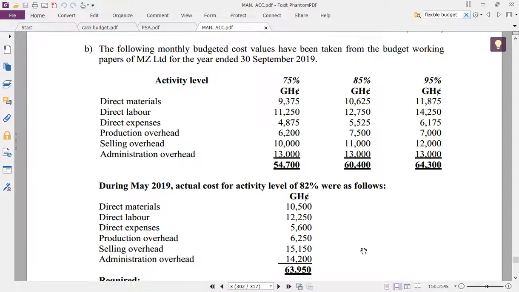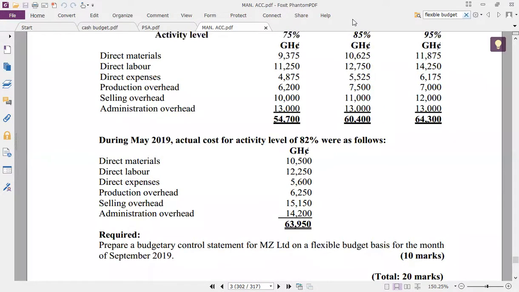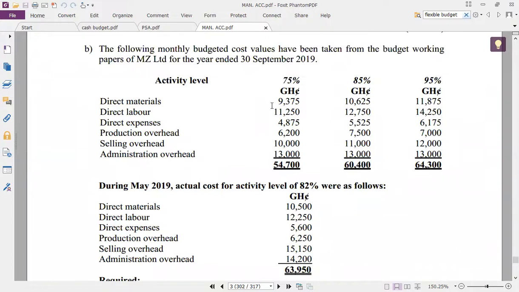This is 75, this is 85, this is 95. You are flexing that towards 82, and this is the actual for the 82. So what do you do? Then you now compare this to that of the actual. Then you find a variance. That's November 2019. Good. So that is all for flexible budget.